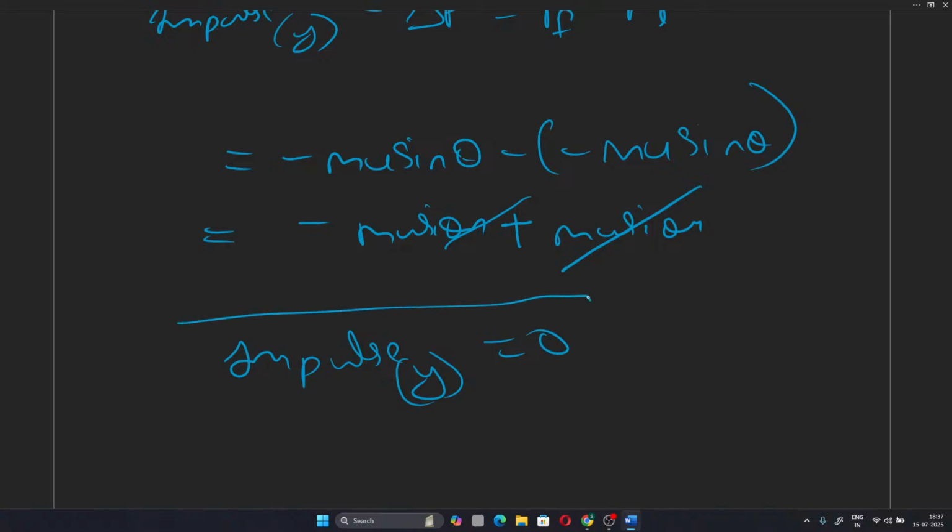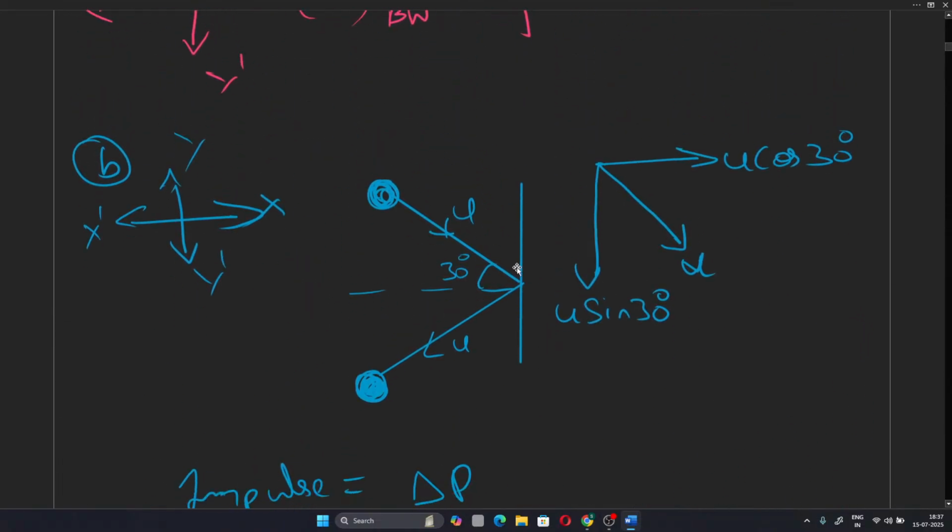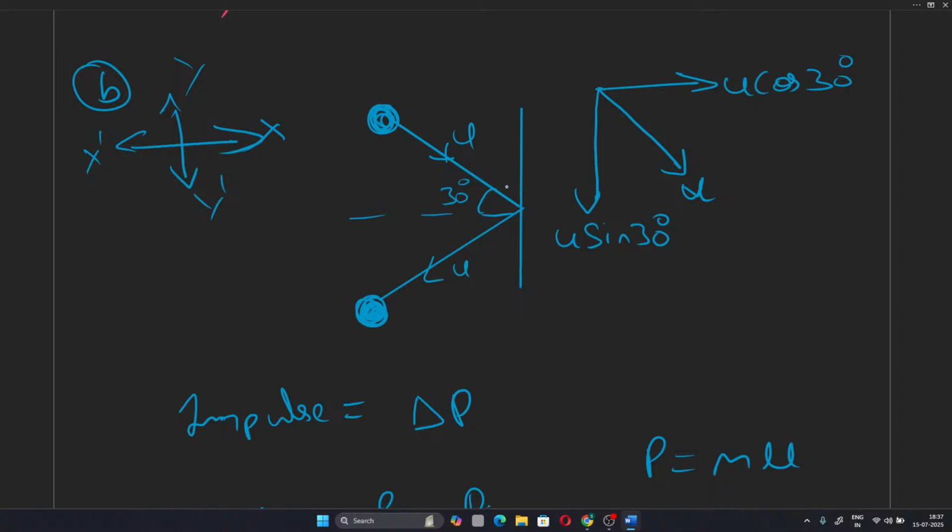How do we know why there is a minus here and a plus here? How we know that is based on the coordinates here. In this direction, when we resolve the vector in the x direction, this is positive because it is acting in the plus x direction.